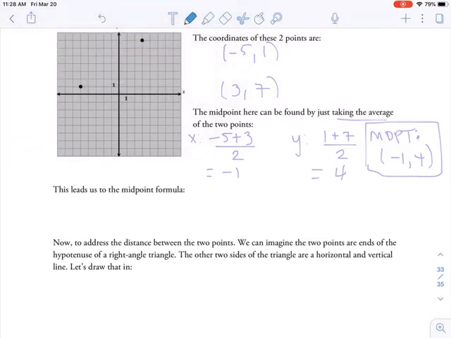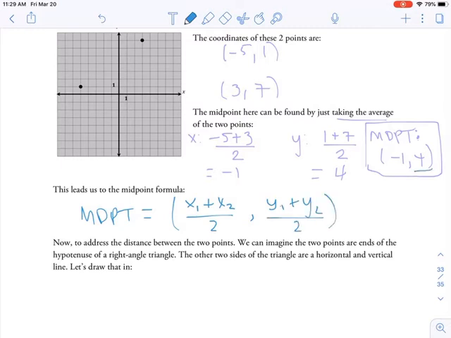And so what I mean by that is that we can find the midpoint of any 2 points in general by first finding the average of the x values to find the new x value, just like we did in the earlier example, and then following that by finding the midpoint of the y values, and that gives us our new y value, again, just like we did in the earlier example.